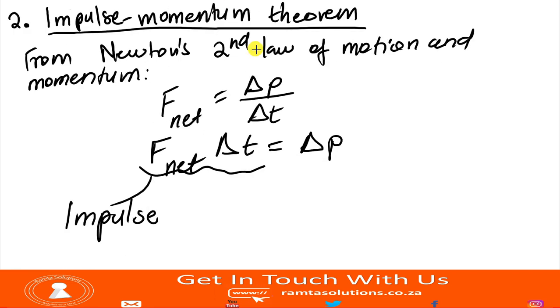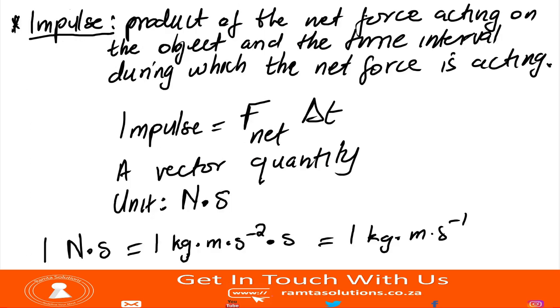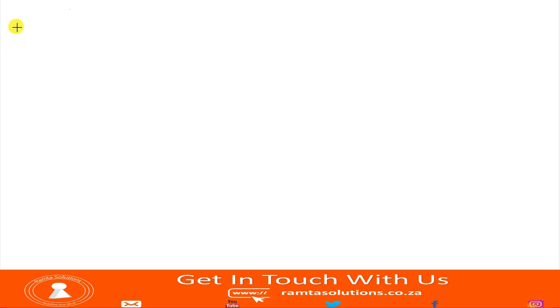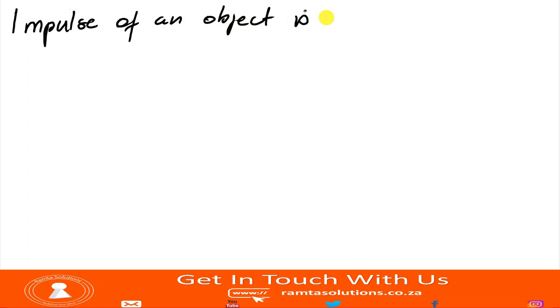From this formula, we can see that the impulse of an object is the change in momentum of that object.